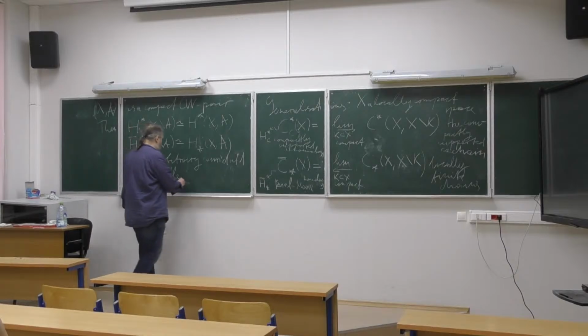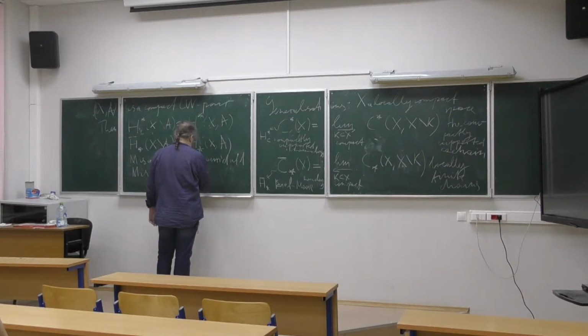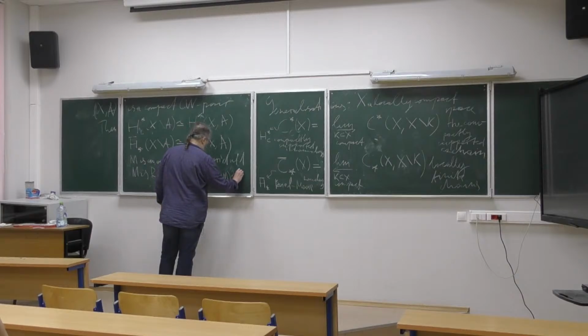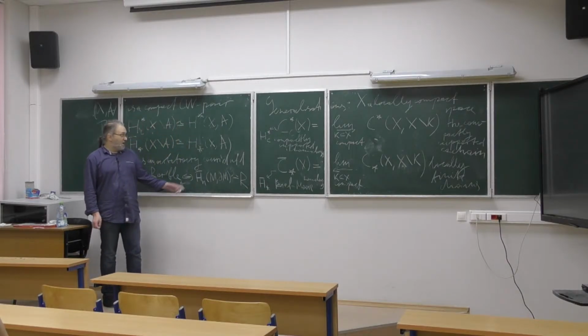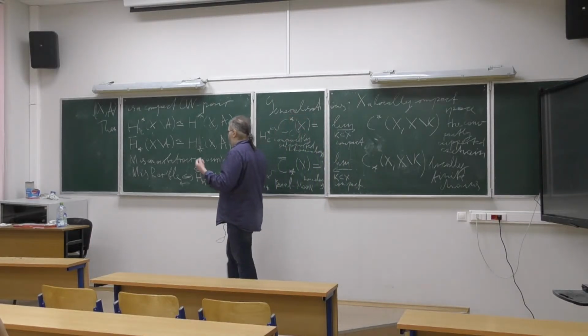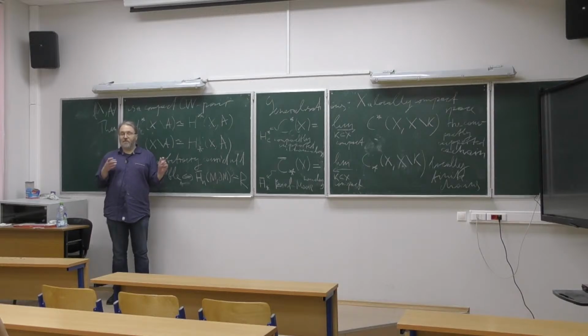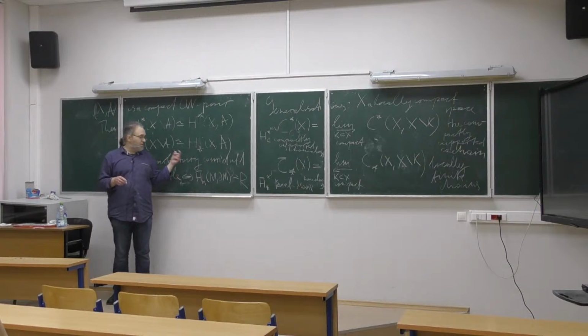M is orientable if and only if H_n bar of M mod the boundary is isomorphic to R. The same condition as for compact manifolds, except we have an extra bar here, which boils down to the same property in the compact case.